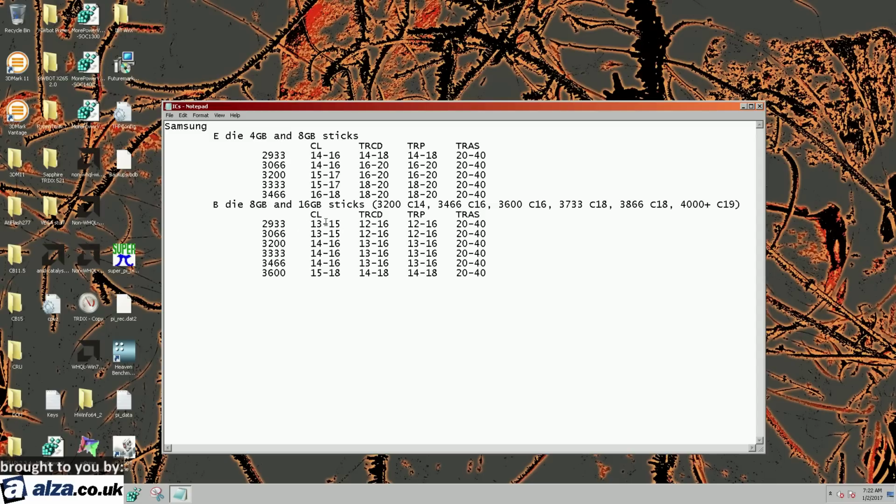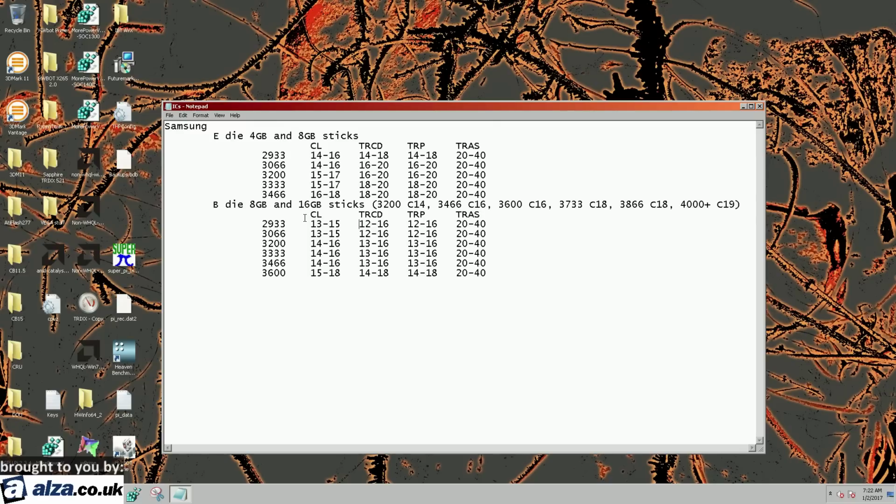For B-die, you can do things like your tRCD and tRP being one lower than your CL, and it'll be completely stable. Whereas on, say, E-die, that won't even post. If your CL is as low as it goes and you set your tRCD below it, it probably won't post at all. B-die will actually run just fine if you have a kit that's capable of doing that.